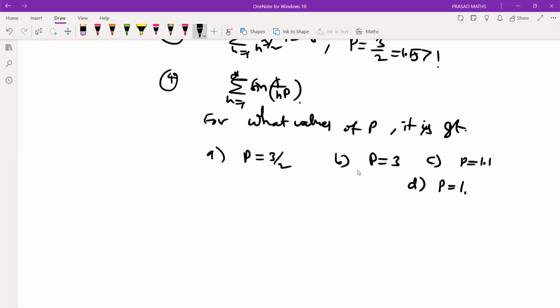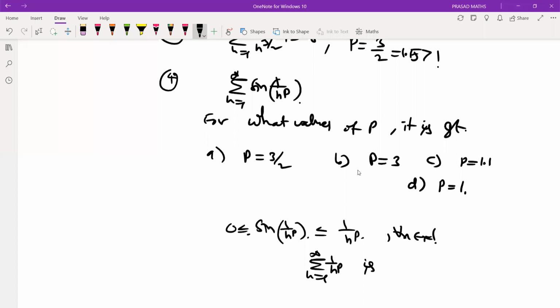This is exactly what we have seen, Jordan's inequality. This is always less than or equal to this, for every n. This is positive. Therefore the right side series is convergent for p bigger than 1 by the p-test.